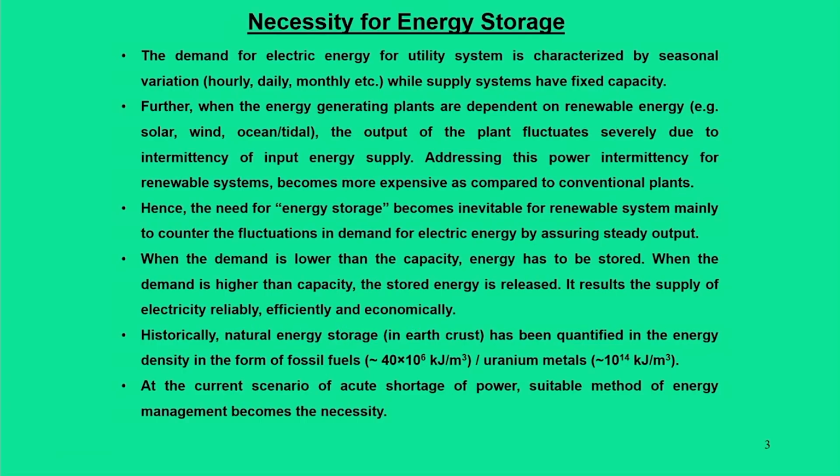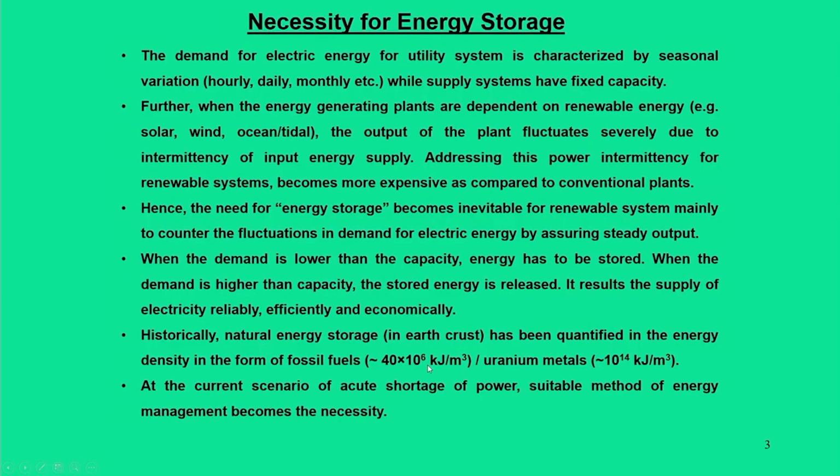In a larger sense, if you see the earth's crust where natural energy is available, it is quantified in the form of fossil fuels or inert metals, and the earth can be called the largest resource of energy. To give some quantification, the energy density of fossil fuels falls in the range of 14 to 10 to the power 6 kilojoule per meter cube, whereas nuclear materials can provide energy on the order of 10 to the power 14 kilojoule per meter cube.